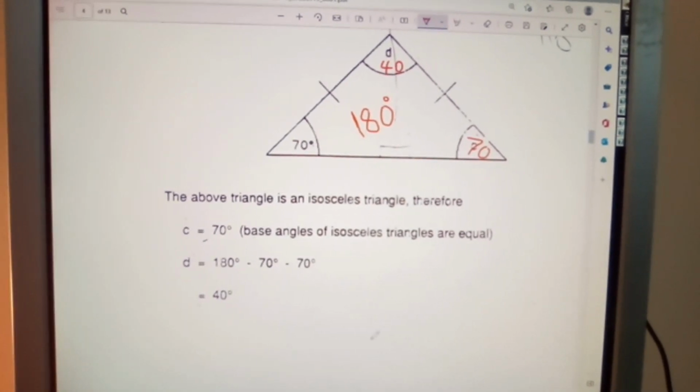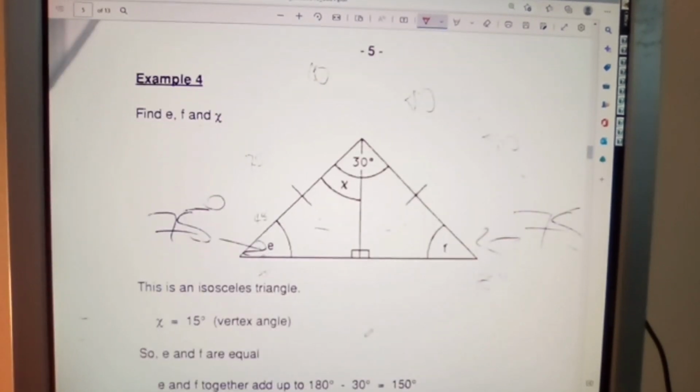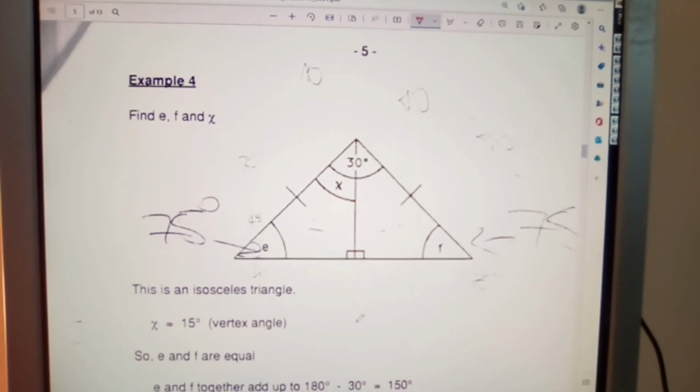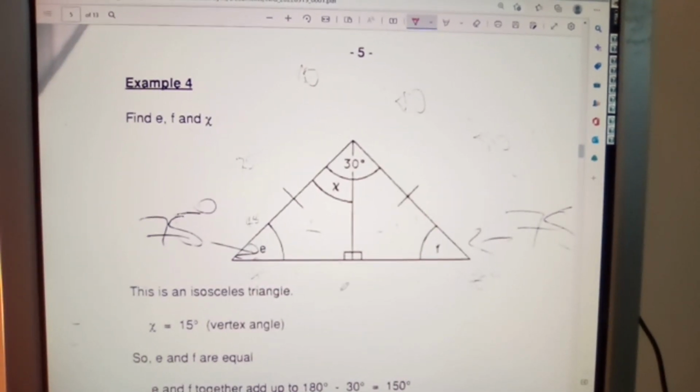Find E, F, and X. Now, interesting. This is an isosceles triangle again. So we know that's going to be equal, and that is going to be equal.